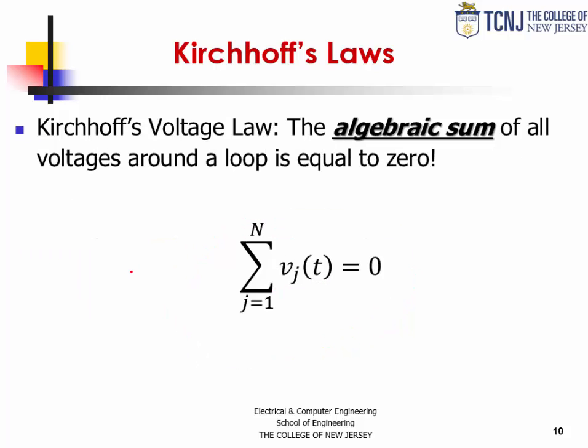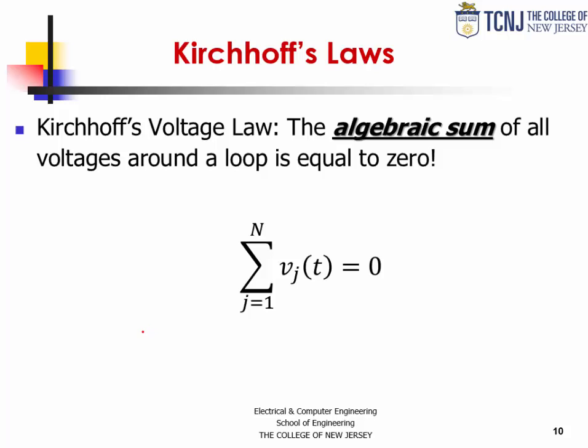The second Kirchhoff law is the Kirchhoff law of voltage, and that says that the algebraic sum of all voltages around a loop is equal to zero. So when I go around a loop, I'm going to use the algebraic sign defined as follows.